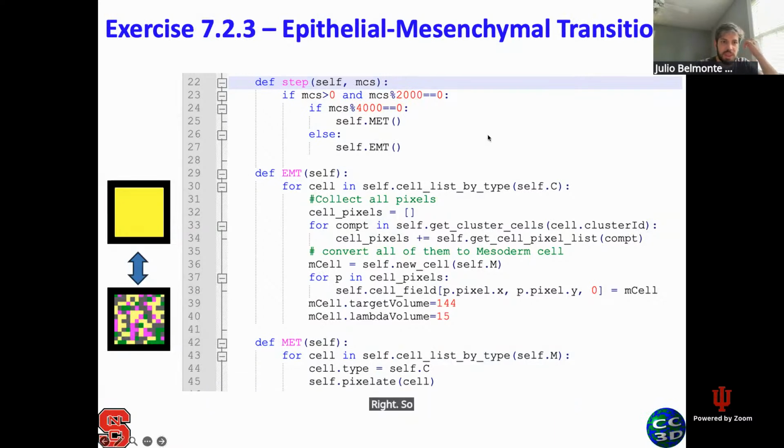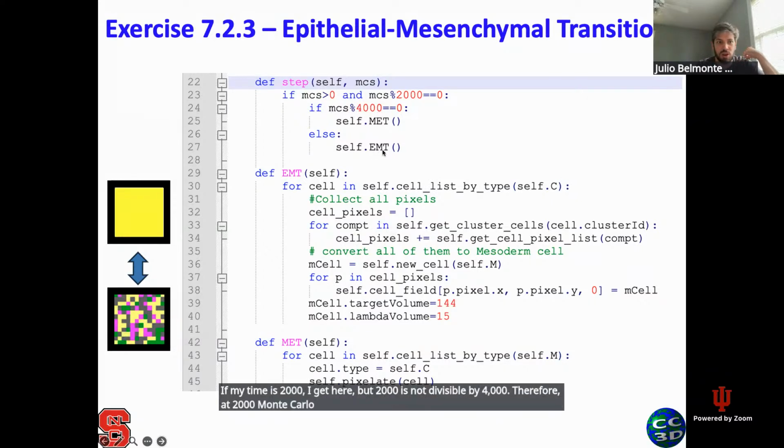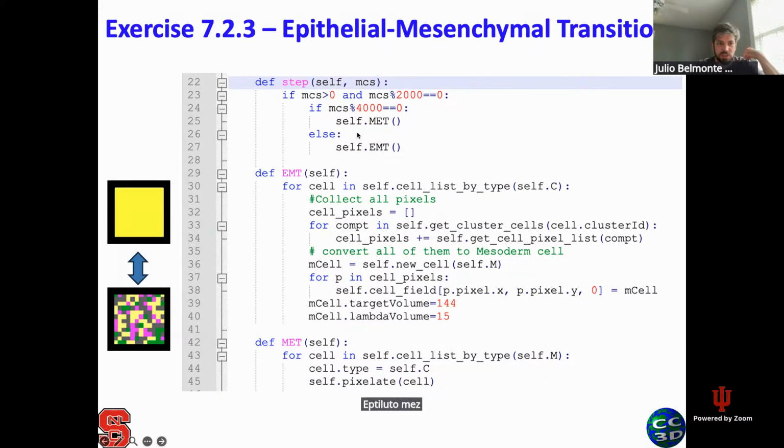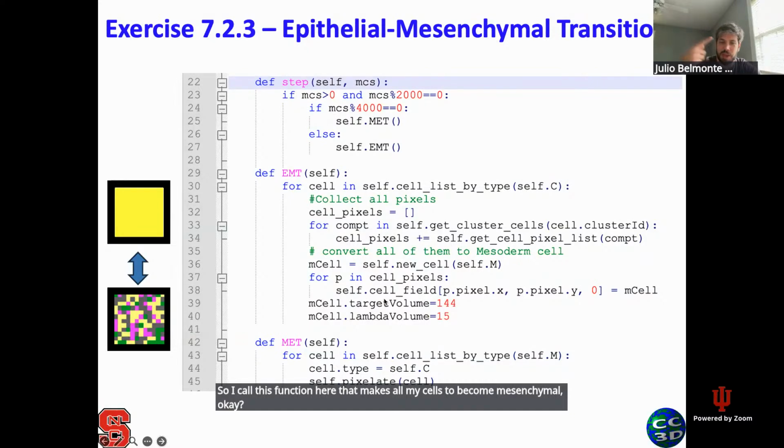So if my time is 2000, I get here, but 2000 is not divisible by 4000. Therefore, at 2000 Monte Carlo steps, I undergo an epithelial to mesenchymal transition. I call this function that makes all my cells become mesenchymal. Then time passes.